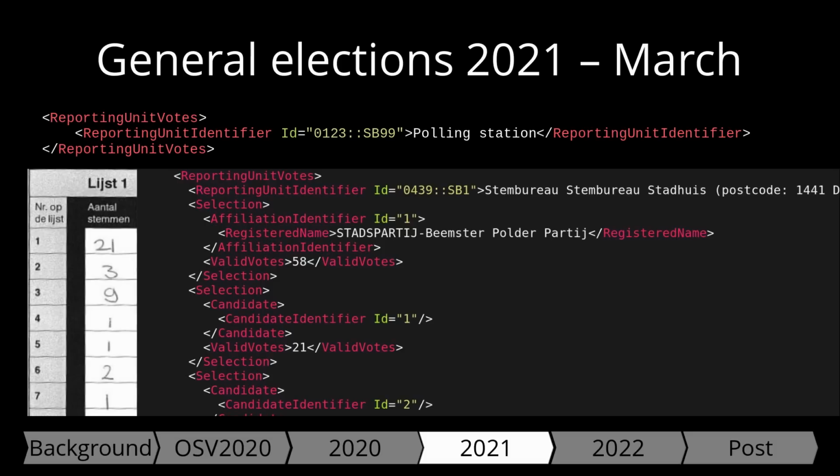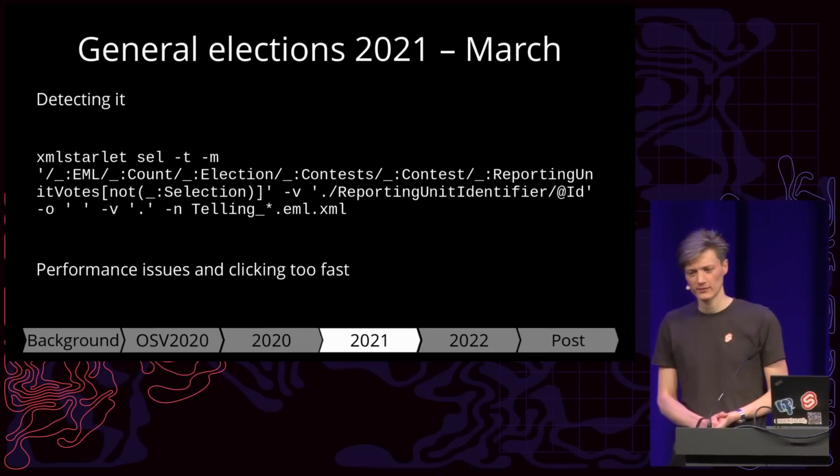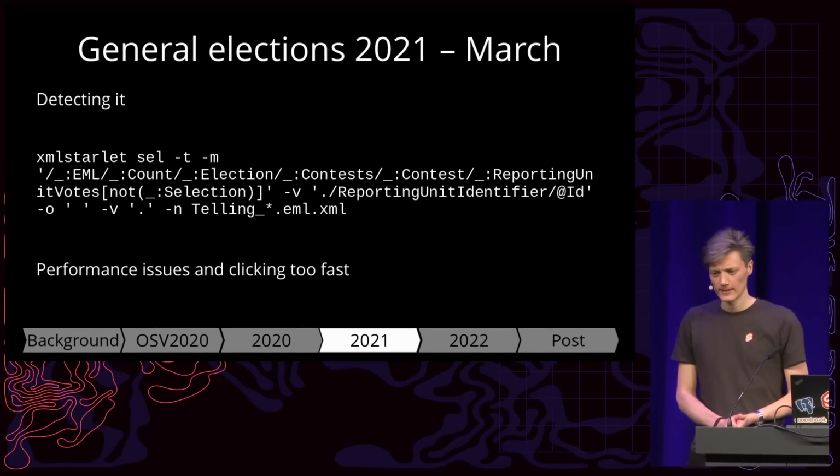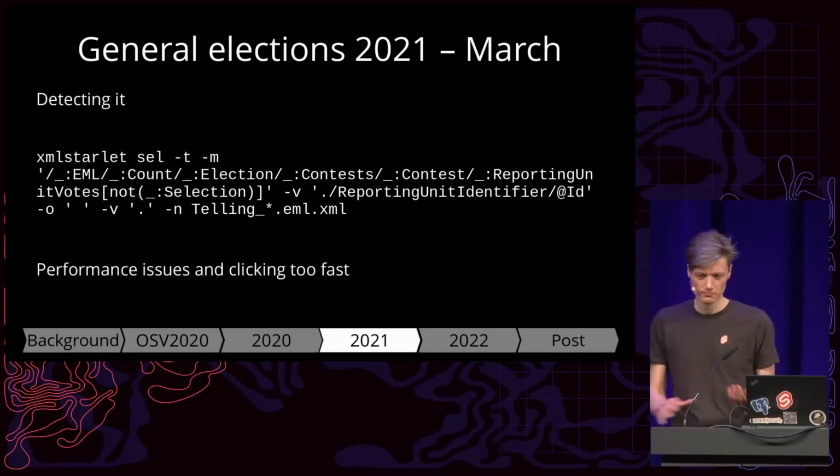The reporting unit completely stayed empty, so it didn't have the voting totals in it. And we could detect it with some XPath. Apparently not everything was.